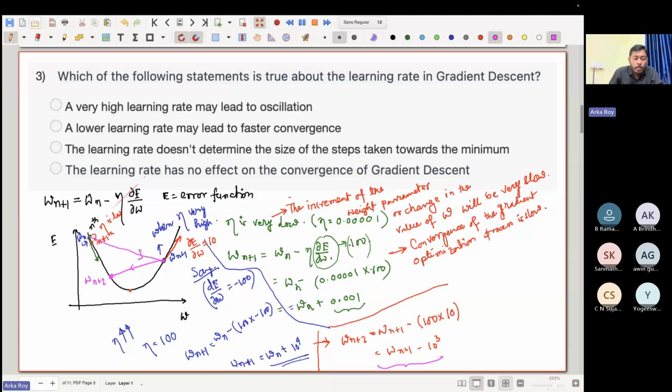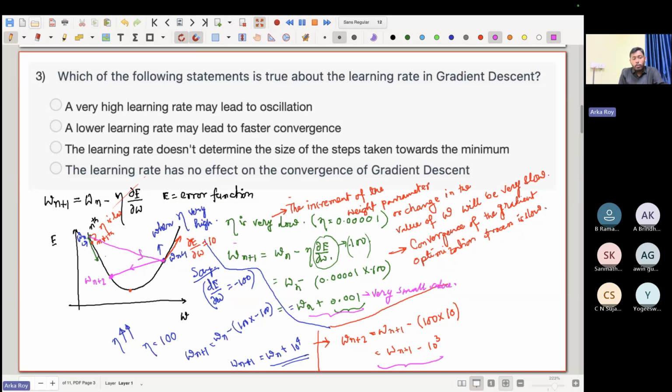So in this way, you can see that initially when you started with eta value very low, your process of convergence was very slow, because in each step you are adding a very small value.